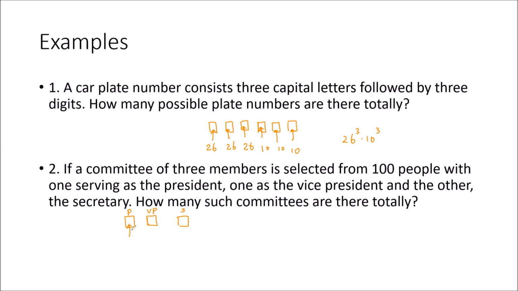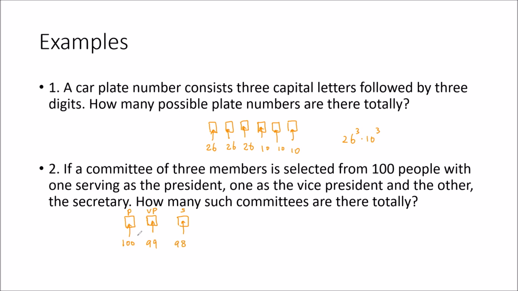So how many ways to select the president? Well, you have 100 people, so you have 100 ways. It's common sense that you never select the same person to occupy 2 of the 3 positions, because then that's not a 3-member committee, right? So the VP would have 99 choices, and the secretary would have 98 choices.